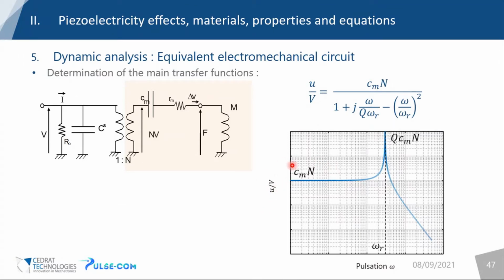So for a fixed voltage, that will give you a displacement, which would be equal to the numerator of the main transfer function. At the resonance, the stroke would be the quality factor times the static stroke. And after the resonance, you would act as a force generator, but no more displacement generation.